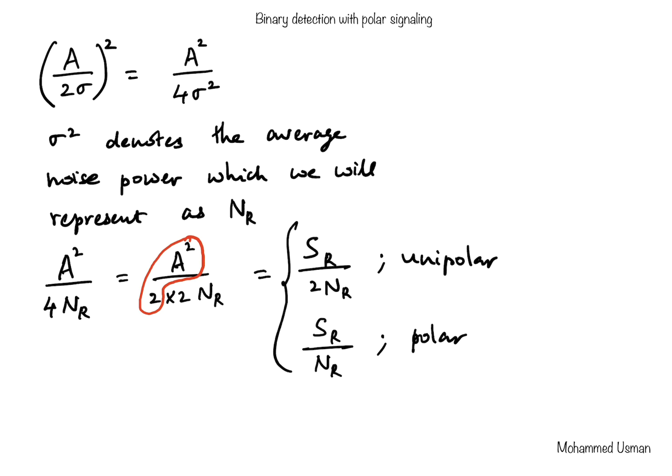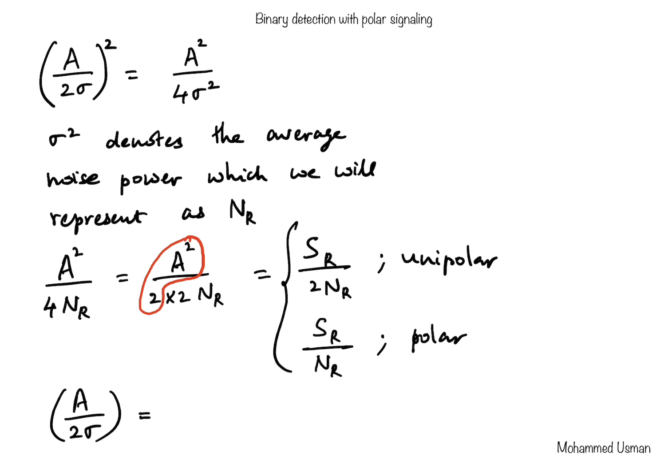Now we can take the square root of these terms, because A by 2 sigma, we had squared it here and we got it as A square by 4 sigma square. Now we will take the square root, so we have to take the square root of these terms as well.